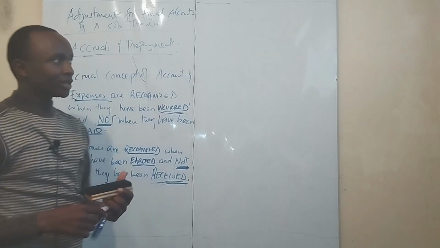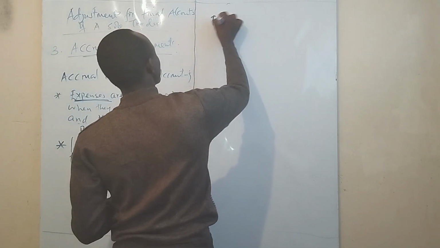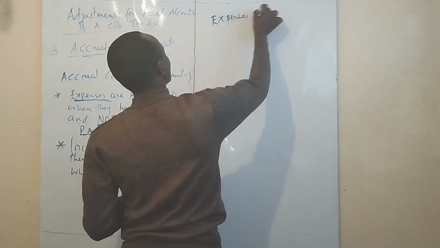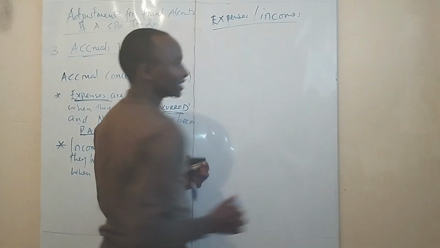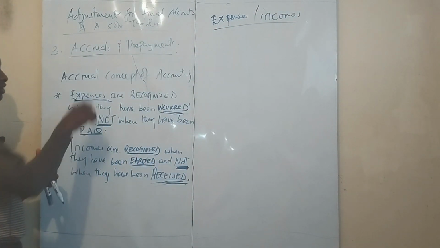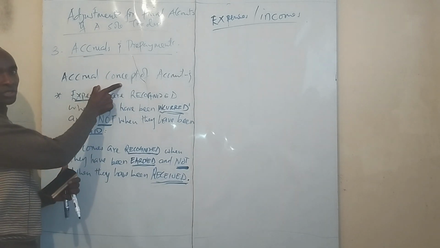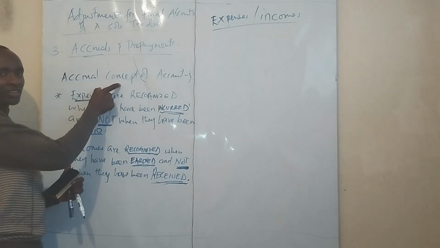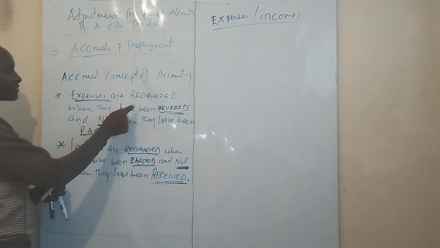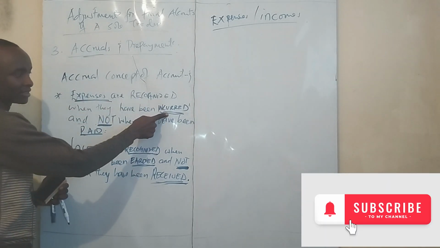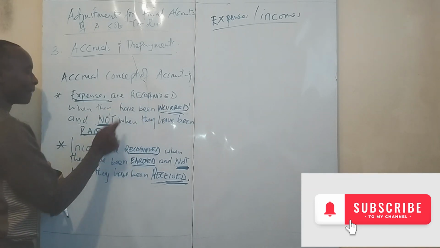Remember, we are talking about the expenses and incomes, right? So this is what accrual accounting, or the accrual concept of accounting, or the accrual basis of accounting means. That expenses are recognized when they have been incurred and not when they have been paid.